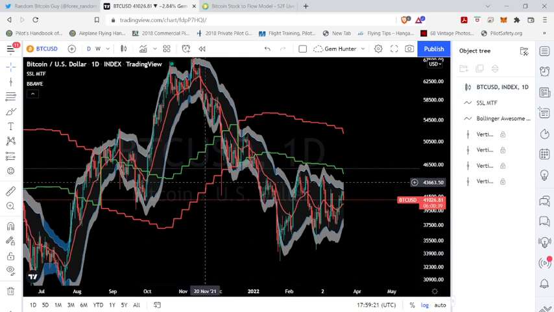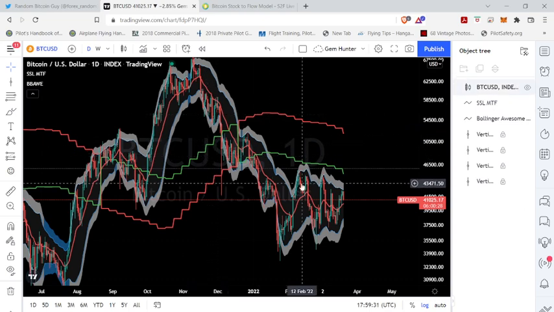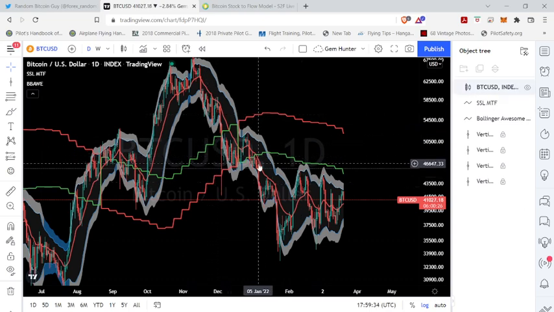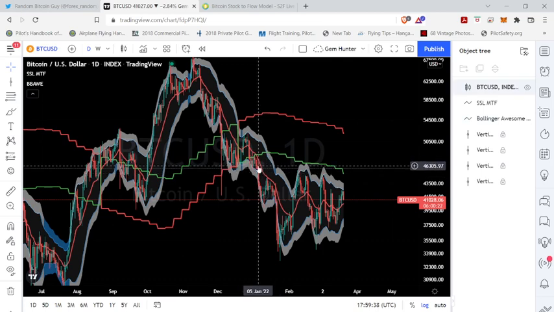When we are between the upper and lower bands of the SSL, nothing changes. We are going to do our regular dollar cost average. When we are below the midline and below the SSL, we're at 150% of our dollar cost average.